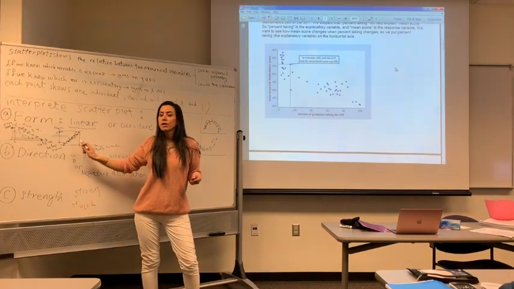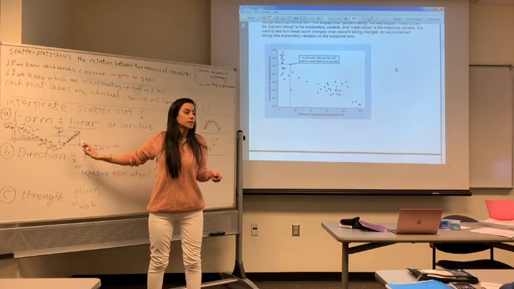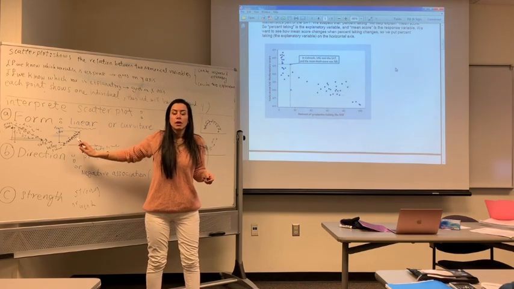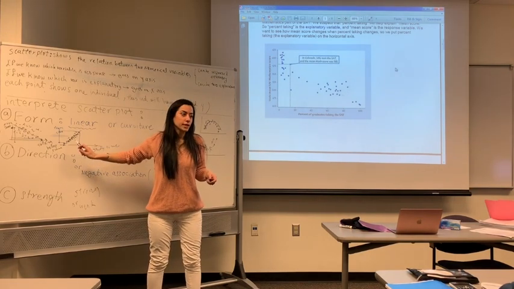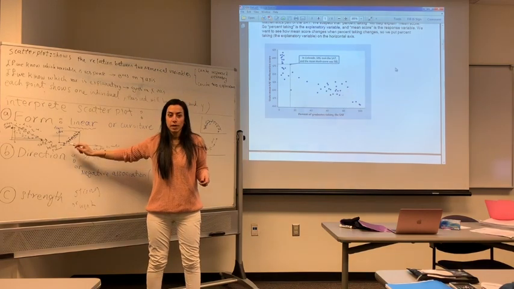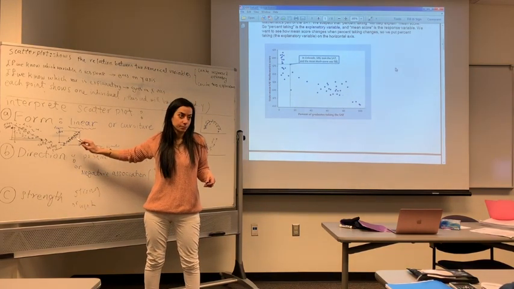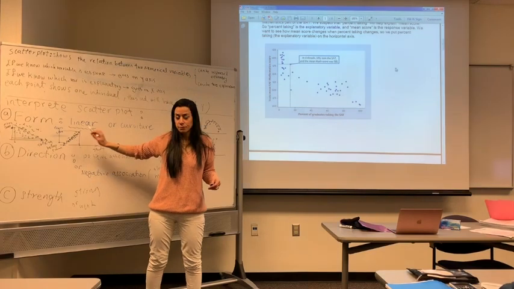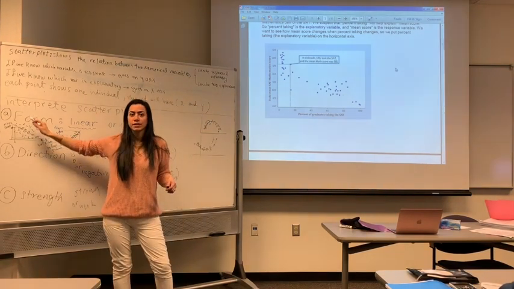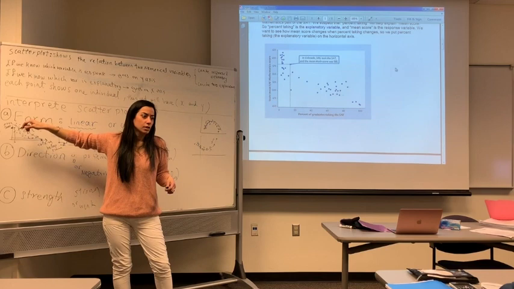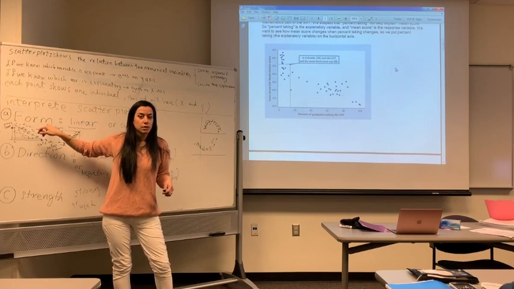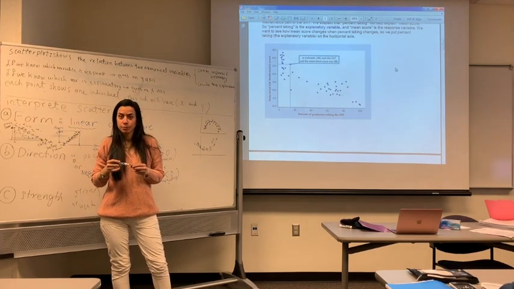Whenever the points on a scatter plot are around the line, close together, on top of the line, we have a stronger relationship. When the points are scattered everywhere and not close to the line, we have a weak relationship.